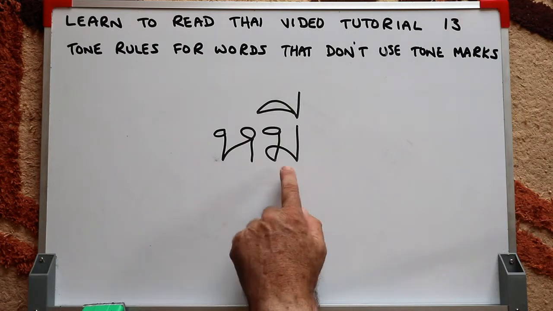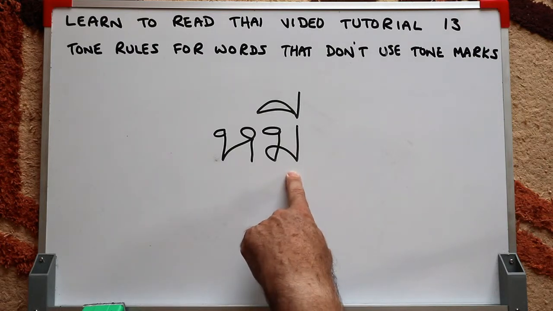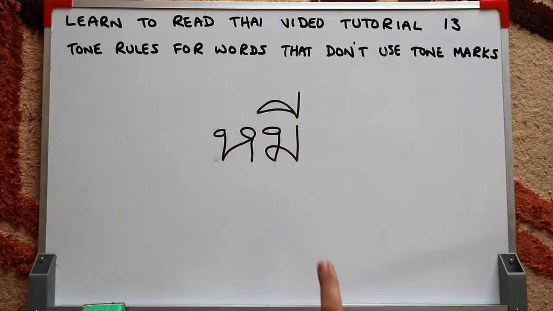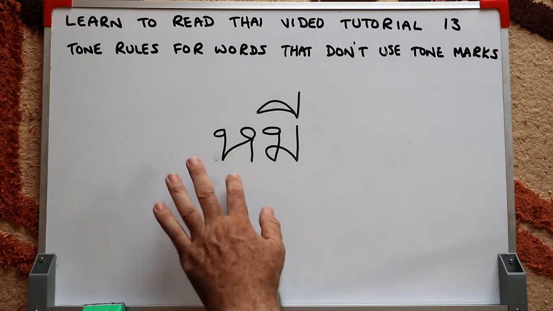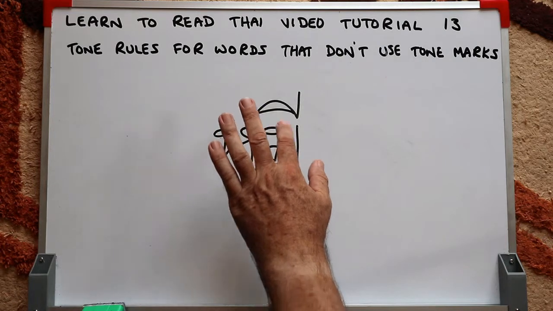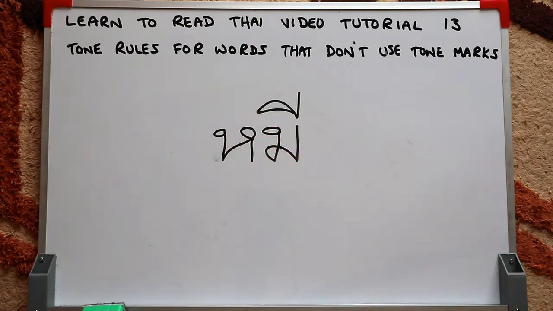The word actually starts, the sound starts with this consonant, which is a morma M, and it has a long E vowel. So the class of the initial consonant is high, and because the word ends with a long vowel, it's a live syllable. So the tone rule is a rising tone.